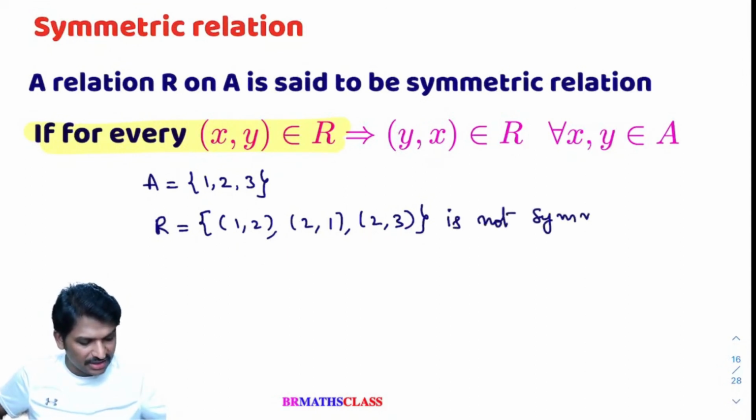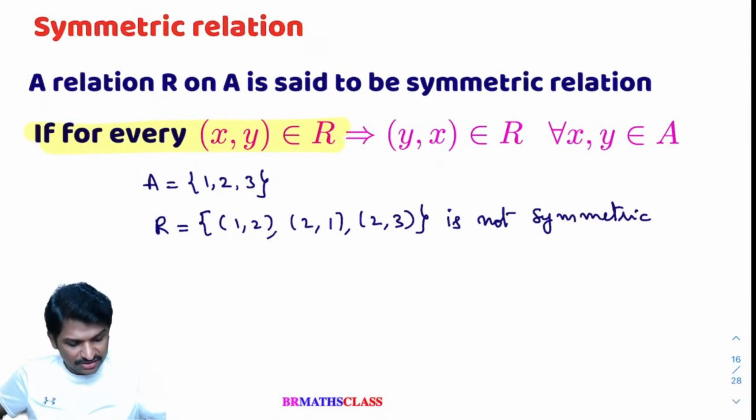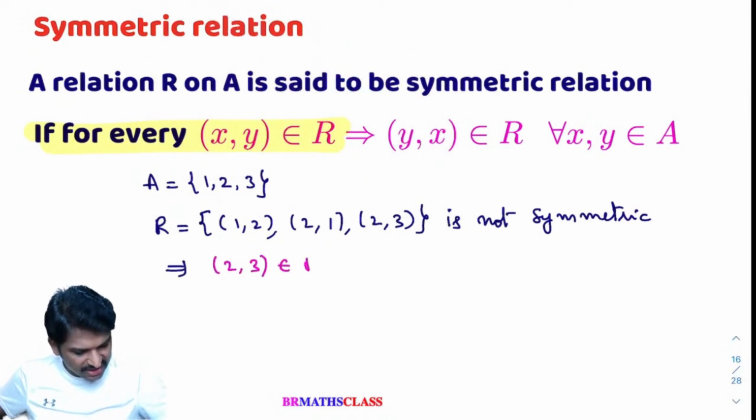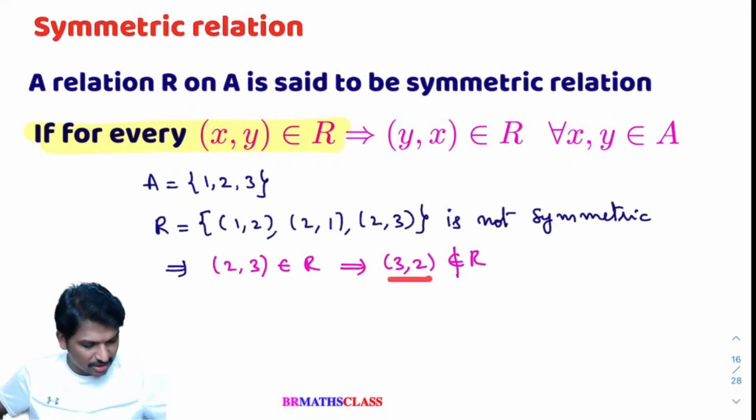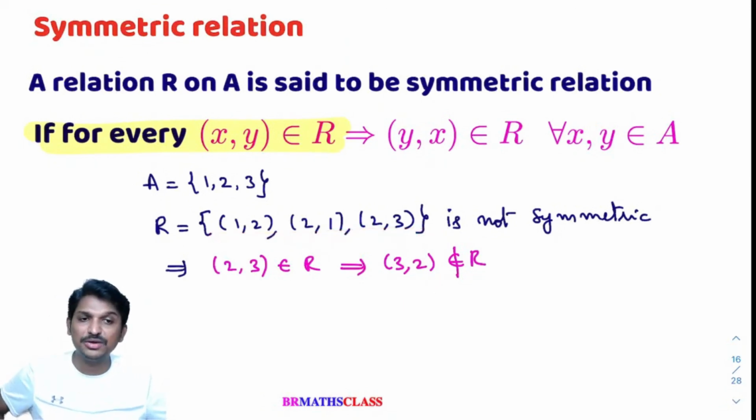The main point is, for every ordered pair (x, y) in the relation, you need to check whether (y, x) belongs to that relation or not. The reason it is not symmetric is that the ordered pair (2, 3) is present in the relation, but (3, 2) does not belong to the relation.